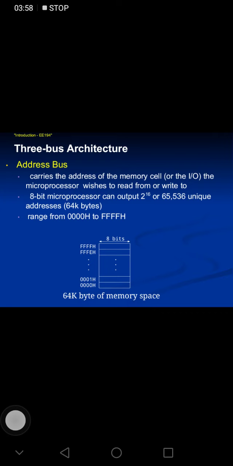This is the typical laptop or PC, 64 kibytes, ranging from 0000 to FFFFH. It is exactly 64 kibytes of memory space. The range of this one is 8 bits for each space of memory.